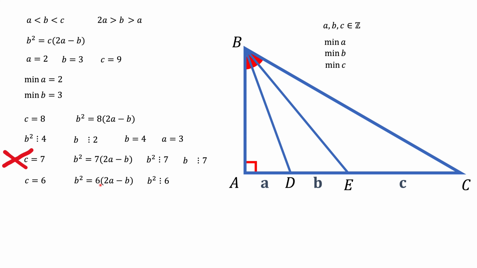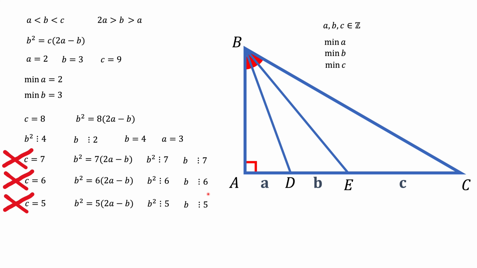But that would mean that b itself has to be divisible by 2 and 3. It means that b is divisible by 6. The smallest b possible is 6. But again, it's a problem because c equals 6 and b has to be less than 6. Again, that doesn't work. In a similar manner, we can show that c equals 5 doesn't work.